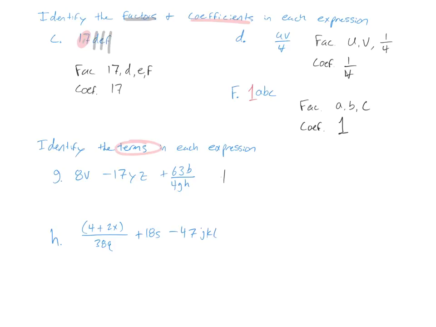Those 3 terms are going to be 8v is the first one. The next one is going to be 17yz. The last one is going to be 63b over 4gh. Those are the terms.